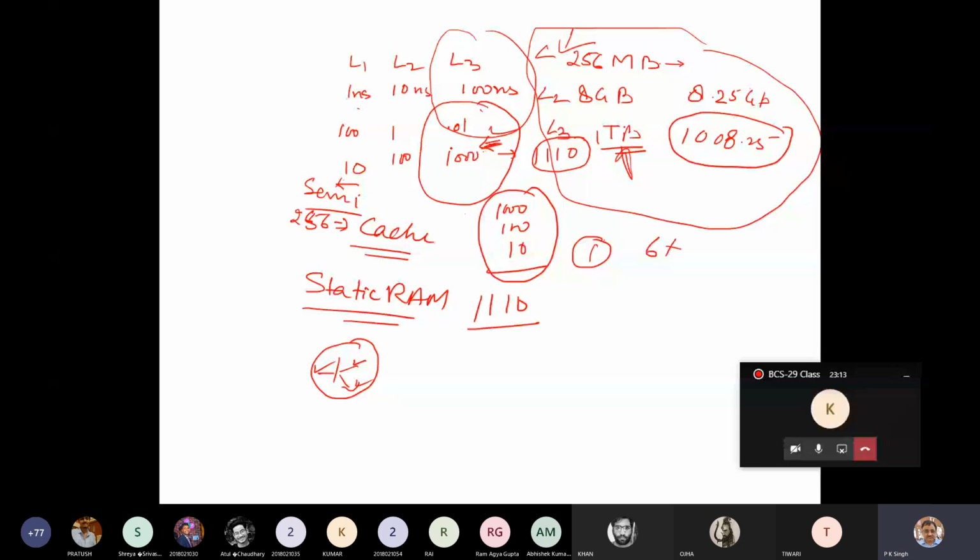In the design, your L2 is RAM, or it is called dynamic RAM. You must have used DDR1, 2. Nowadays DDR4 is used. So it is dynamic RAM, and to store 1 bit of information, we need 1 capacitor and 1 resistor.